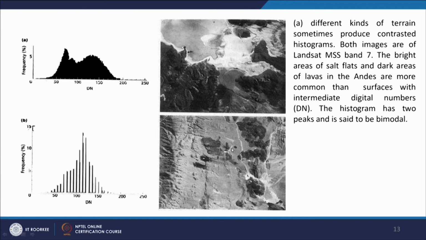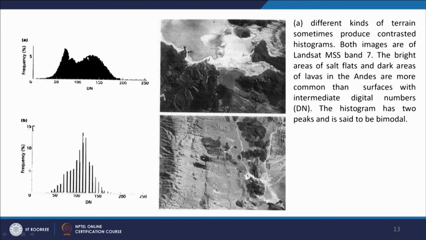Now another image is taken here, and here you have water bodies and some darker rocky areas. Here you don't have water bodies, but some forest and some light toned rocks. So different kinds of terrain sometimes produce contrasting histograms.